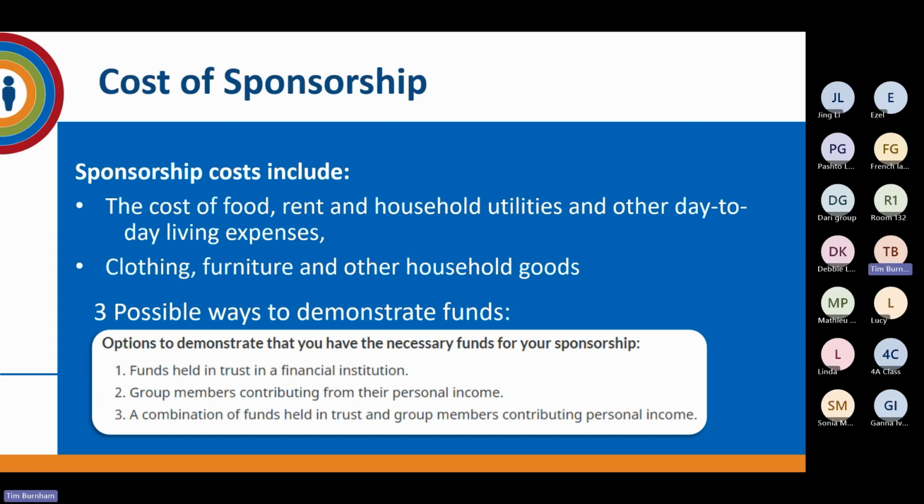Or group members in your group can contribute from their personal income when the refugees arrive. Or you can do a combination of those two. You can put some funds in the bank, and you can contribute some from your income when the refugees arrive.